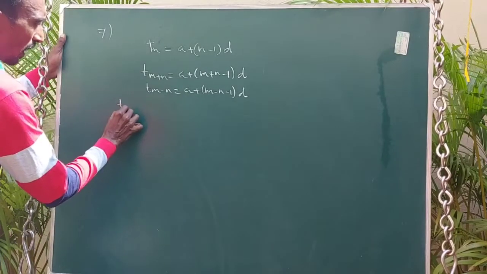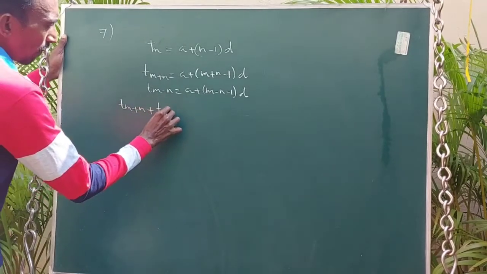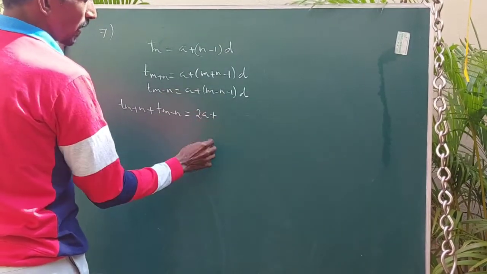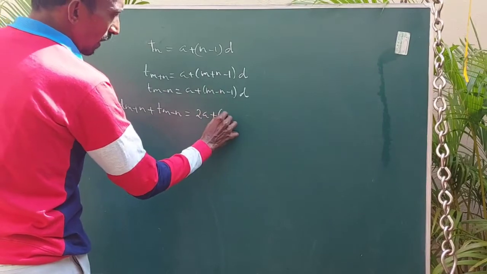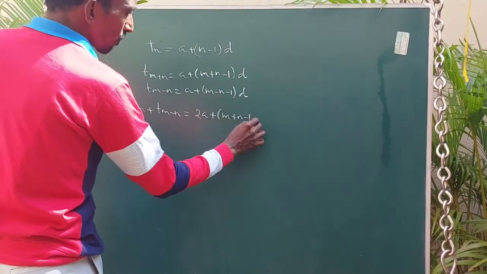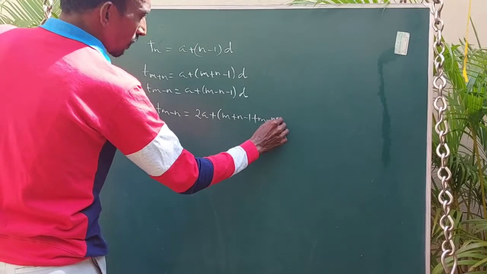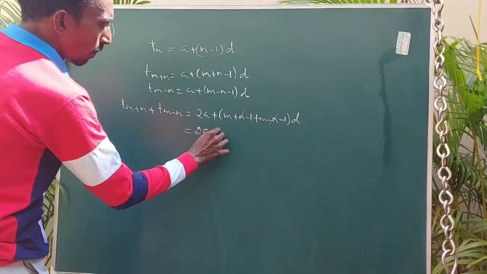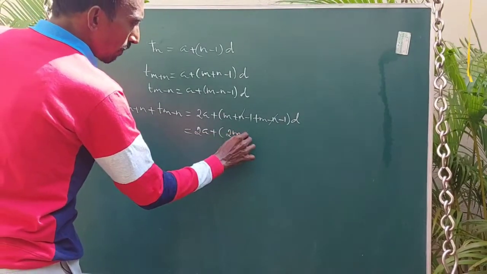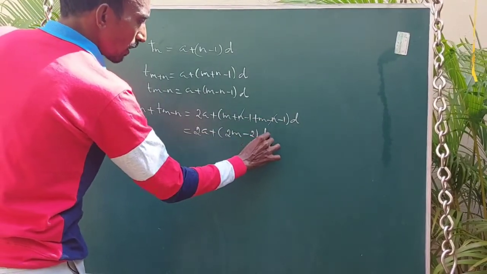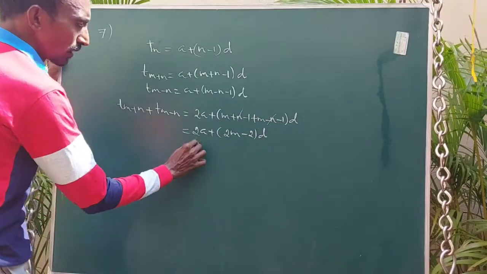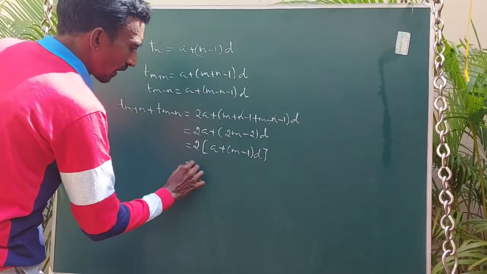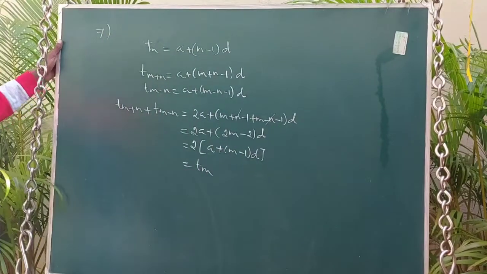So T(m+n) + T(m−n) is a + a = 2a, plus, if we take d in common, (m + n − 1 + m − n − 1) into d. The n and −n cancel, so 2a + (2m − 2)d. We can take 2 in common: 2 into (a + (m − 1)d), which is nothing but Tm.